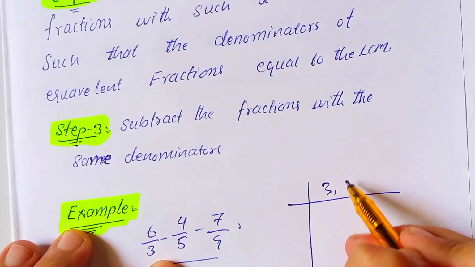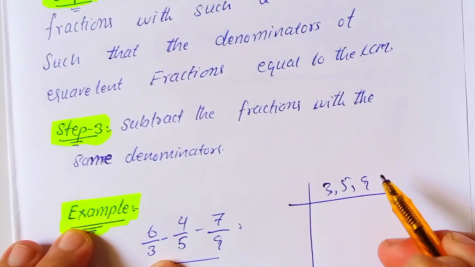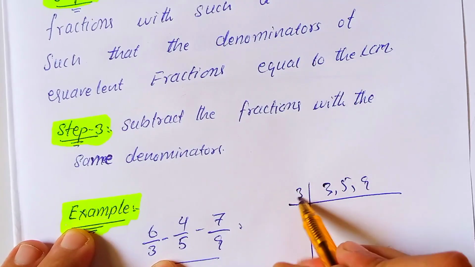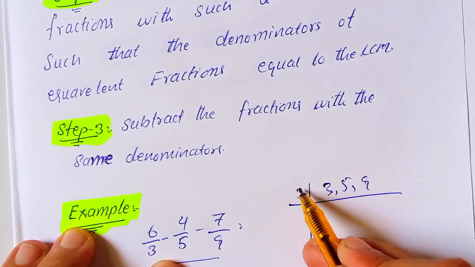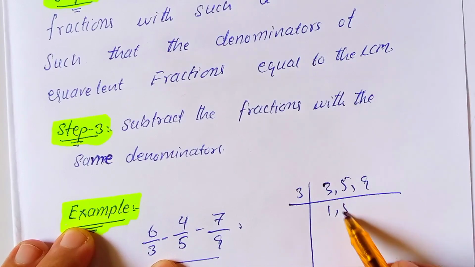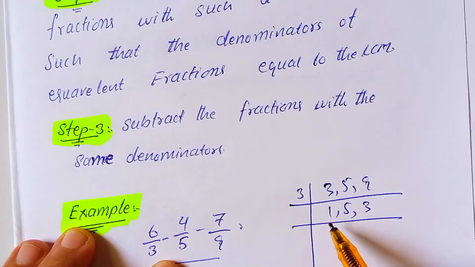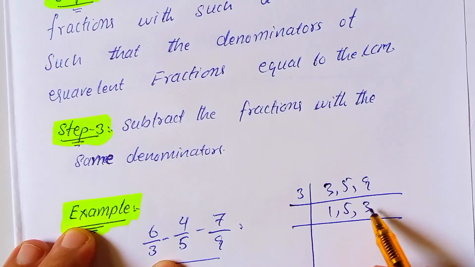So 3, 5, 9. We can divide 3, 5, and 9 by 3. So 3 divided by 3 is 1, and 5 is the same, and 9 divided by 3 is 3. Now out of 1, 5, and 3, 3 is divisible by 3.